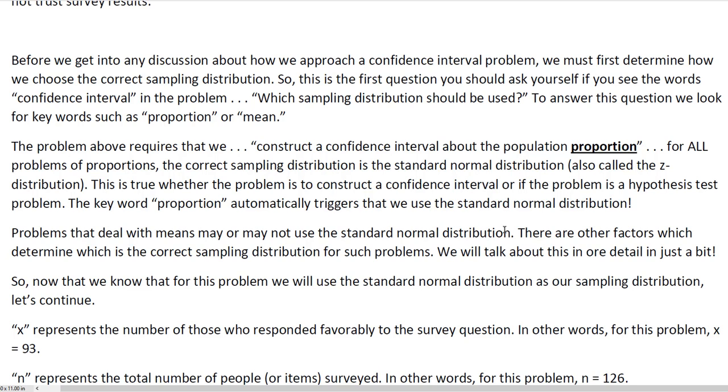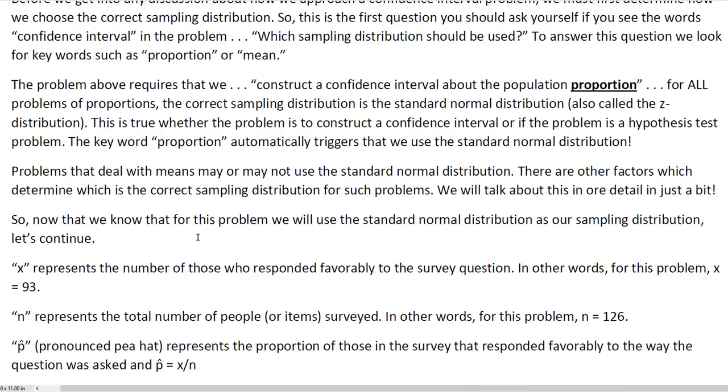When we get to one of those, we'll discuss in detail whether we get to use the standard normal distribution or whether we have to use the t distribution. Now that we know for the problem at hand that we're using the standard normal distribution, let's talk about the parameters that we need to look for.